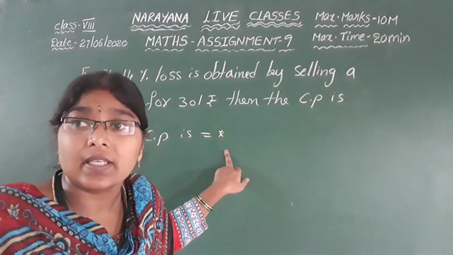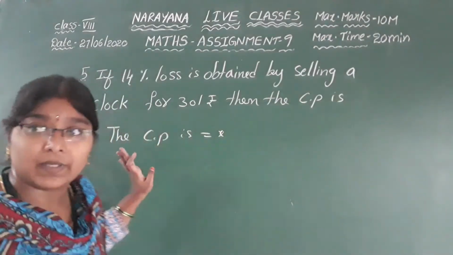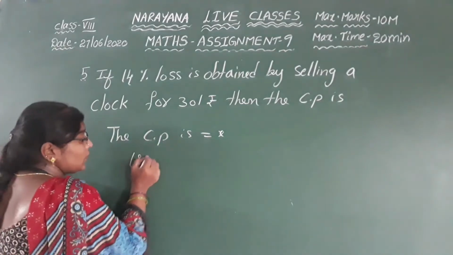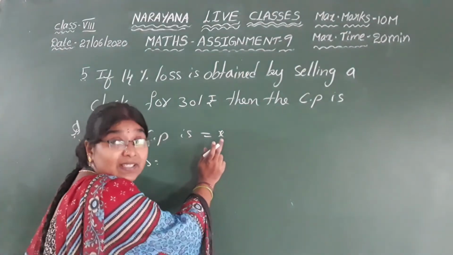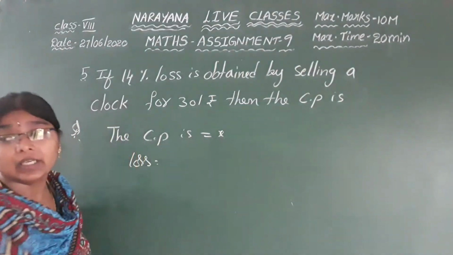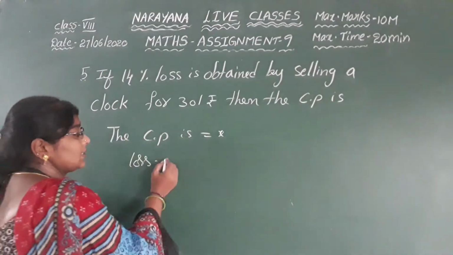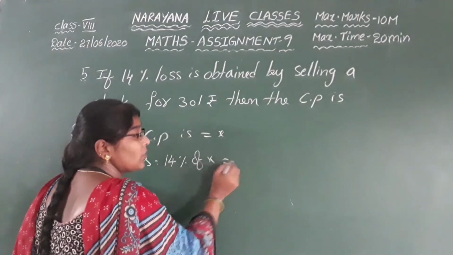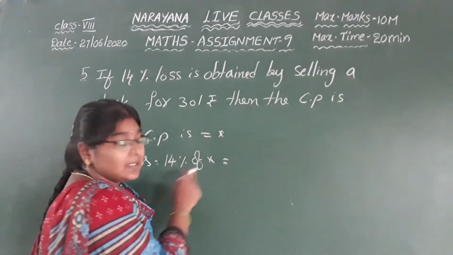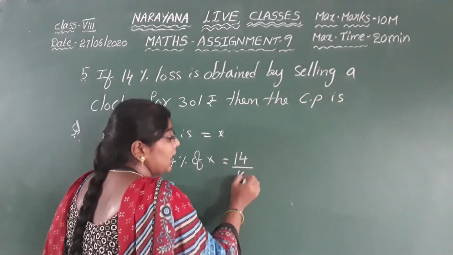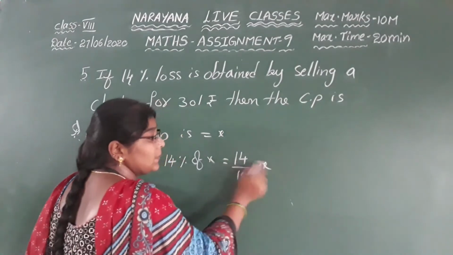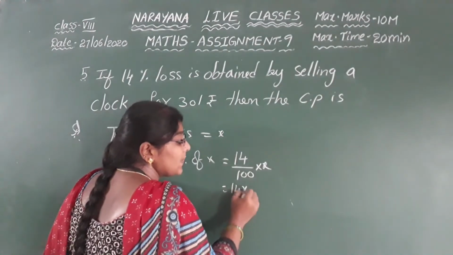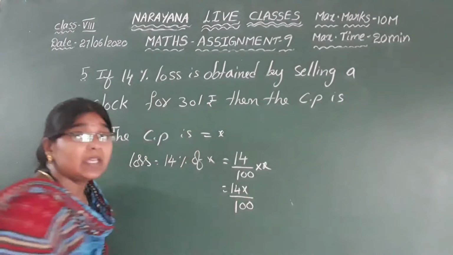So loss is given. How much is given? 14% is given. Loss is 14% of x. That means 14% of x means 14 by 100 into x, that is 14x by 100.